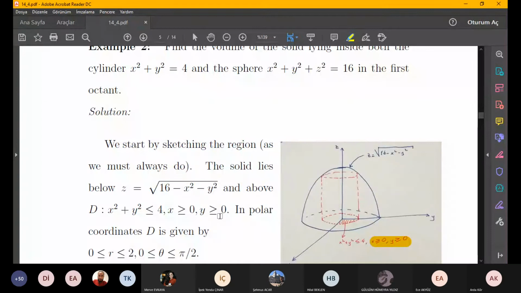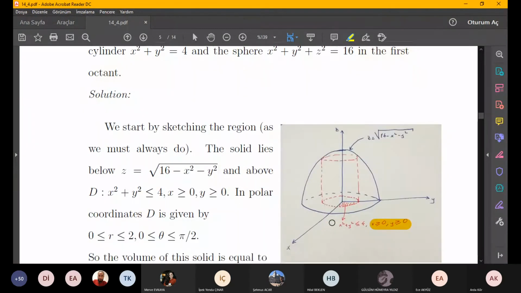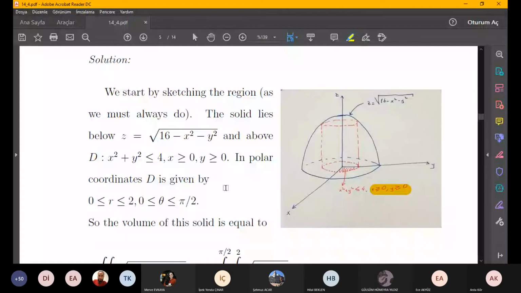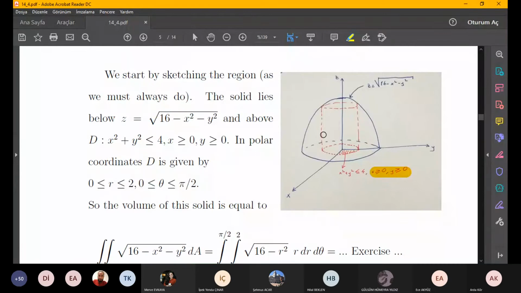So we sketch it here, but you don't need to do that sketch, but you should sketch the region, okay, the region that you try to calculate your double integration.